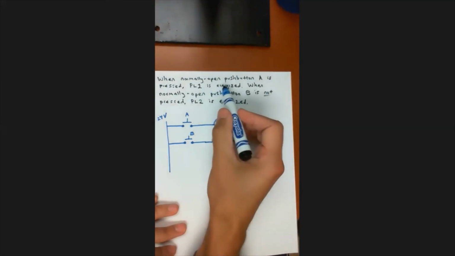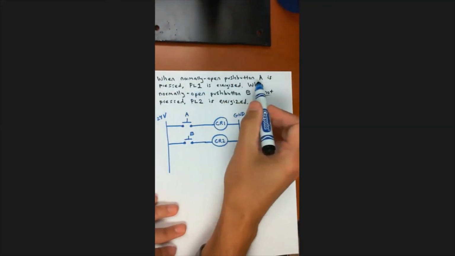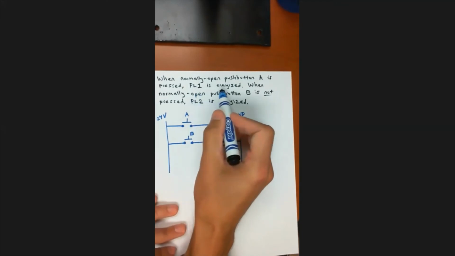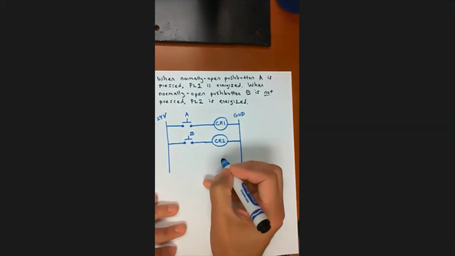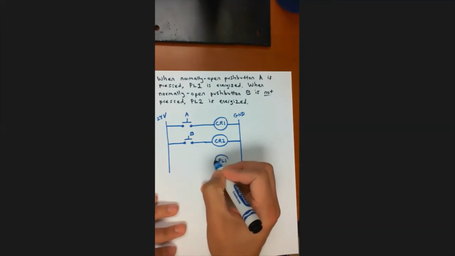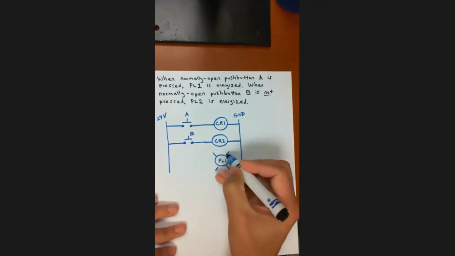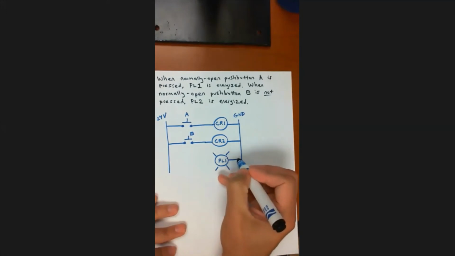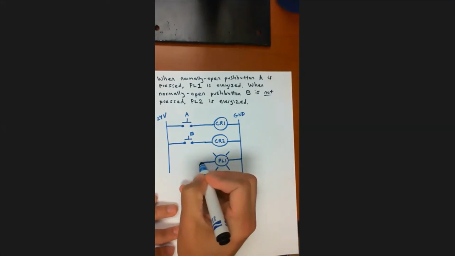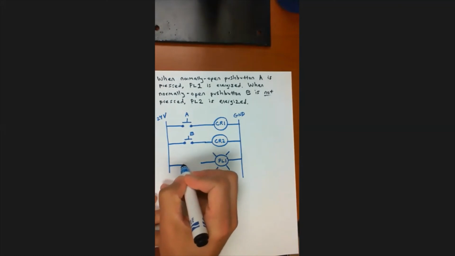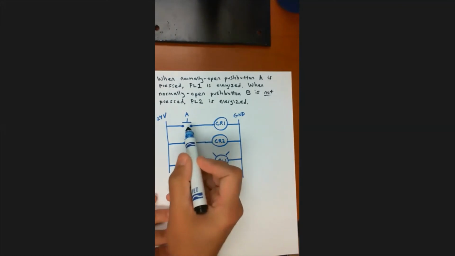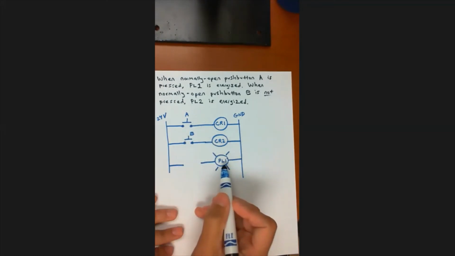So the first part is, when normally open push button A is pressed, PL1 will energize. Okay, so here's PL1. There's my little photon waves coming out of that. Now, how do I make it so that when A is pressed, PL1 is going to light up?